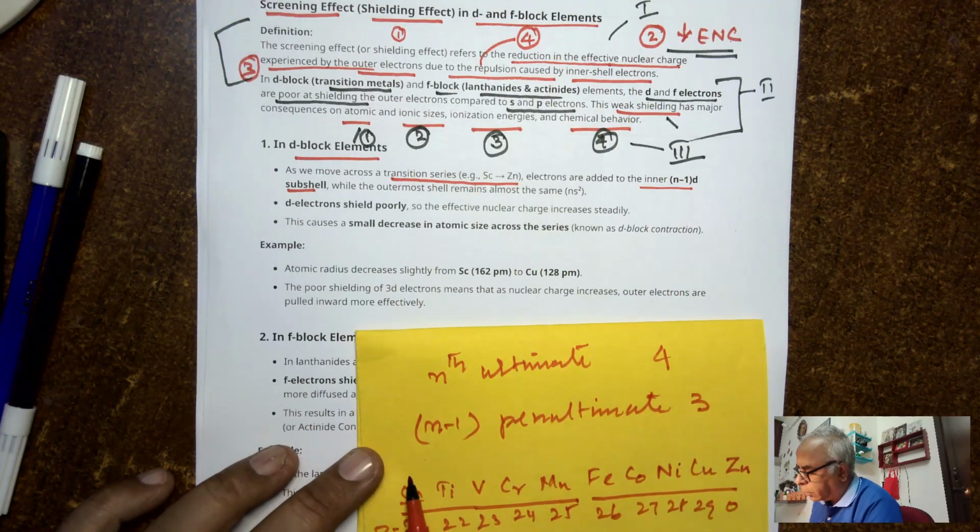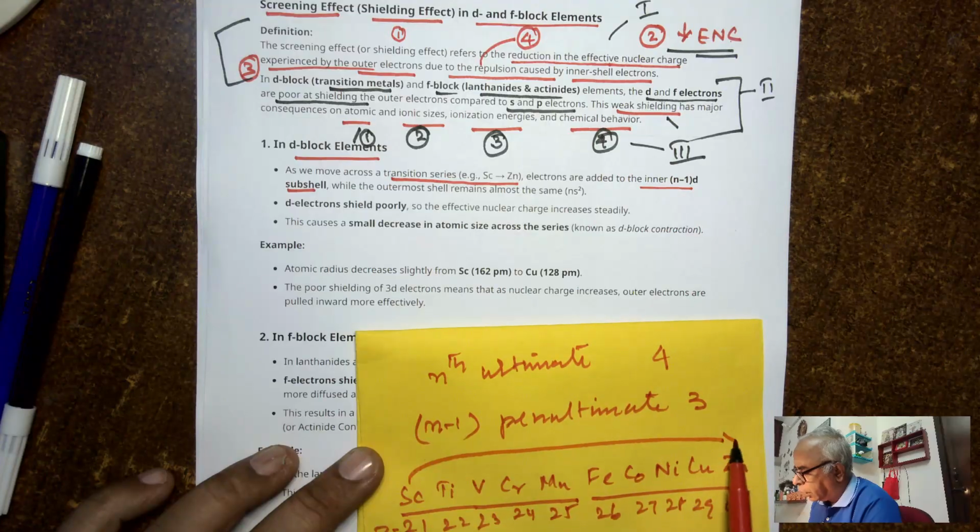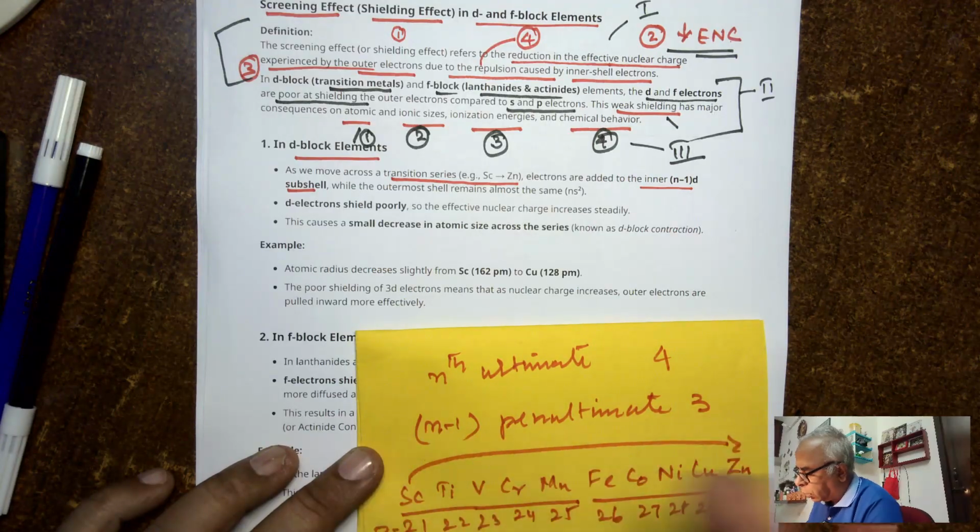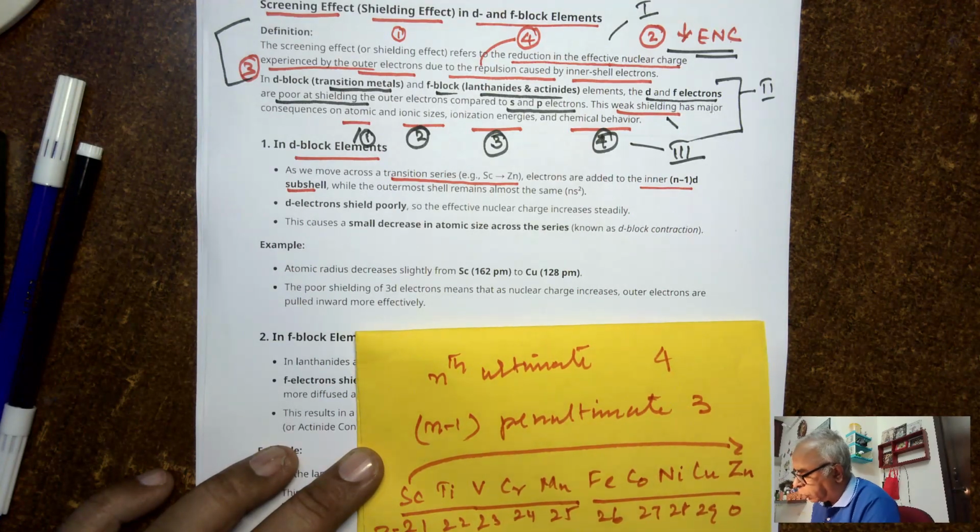So it means from scandium to zinc, the electrons are being added in the D shell. What about the D orbitals? Here you have dxy, dyz, dxz, dx squared minus y squared, and dz squared.